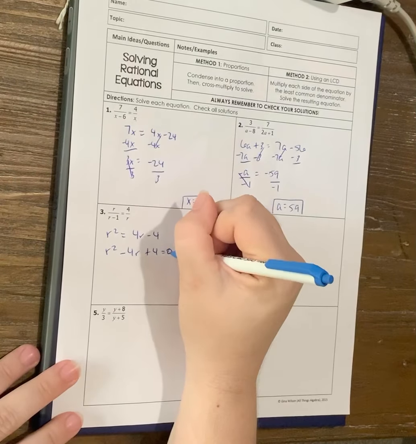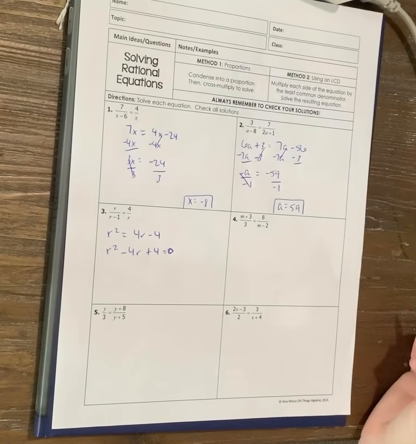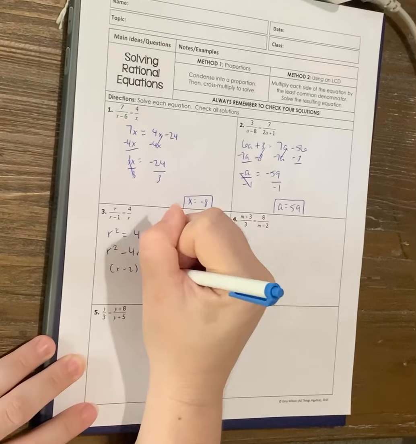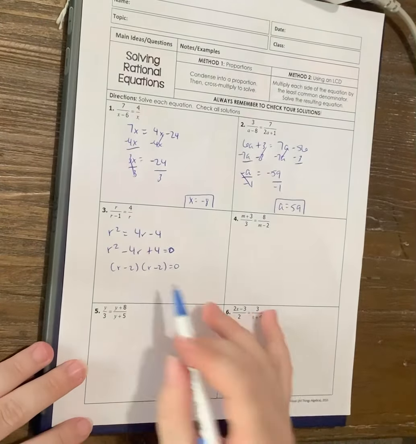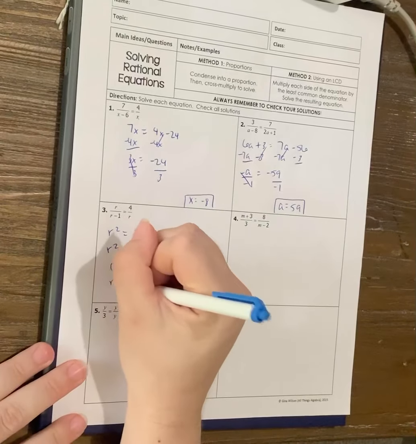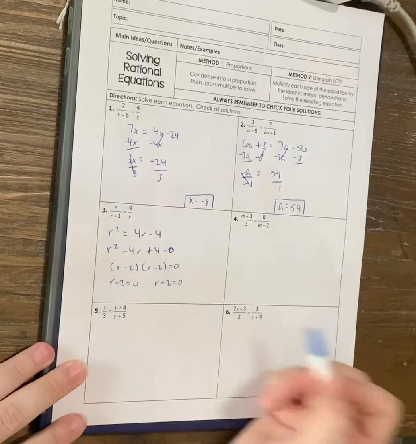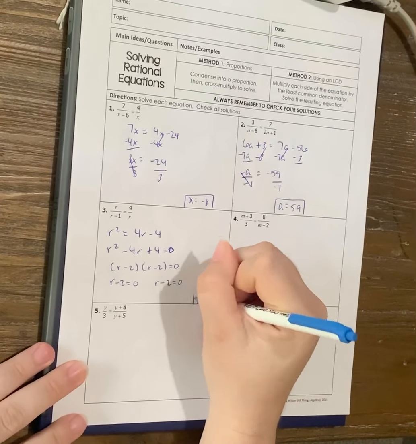And then we're going to factor that. So what numbers multiply to give you 4 and add to give you negative 4 is going to be negative 2 and negative 2. So we have r minus 2 and r minus 2. Okay, then you're just going to solve each of these by setting them equal to 0. So r minus 2 equals 0, r minus 2 equals 0. So you're just going to add 2 over, and so we have r equals 2. It's going to be the answer.